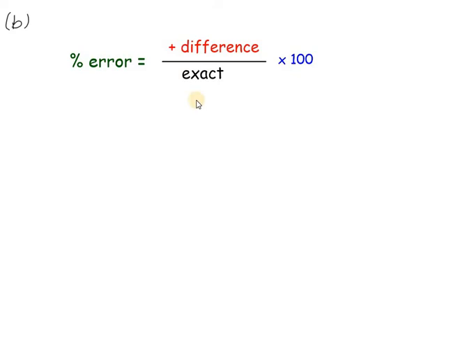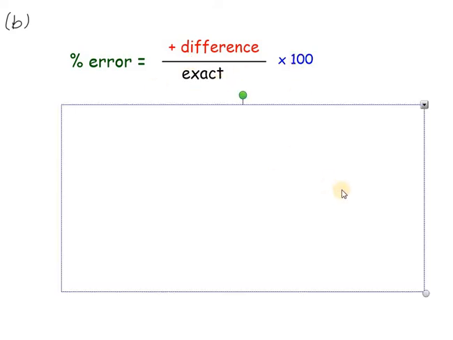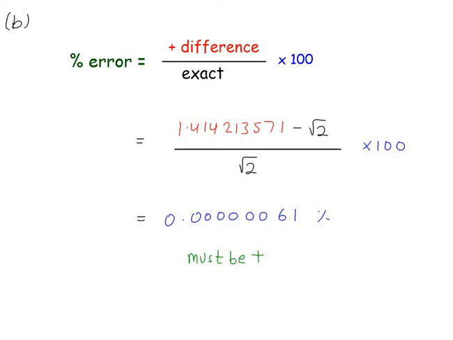You divide that by the exact value, which is what your calculator gave you for root 2, and you multiply by 100, so you get this. A very, very small difference, and we're looking for a positive value here, which is why the difference was calculated as the largest value minus the smallest value out of these two.